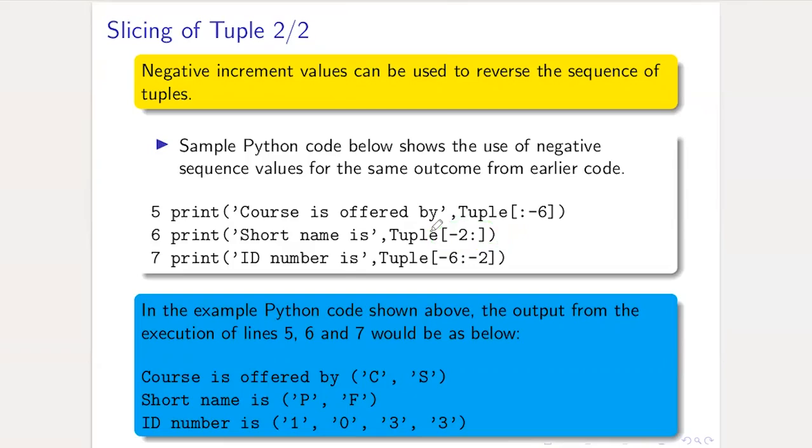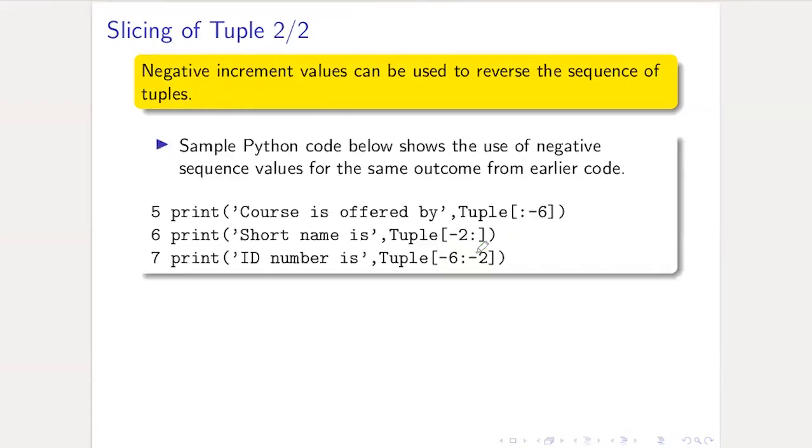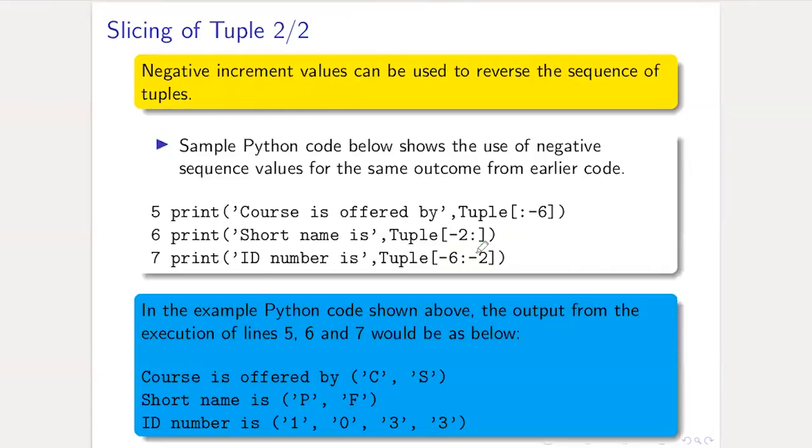In that scenario, this is much better, because up to this particular location, this is fixed: 2 characters for the department, 4 characters for the course code, and thereafter any number of characters for the short name. That is nicely captured here by saying go from 6th onwards to the end. This is just to showcase the use of negative indexing.